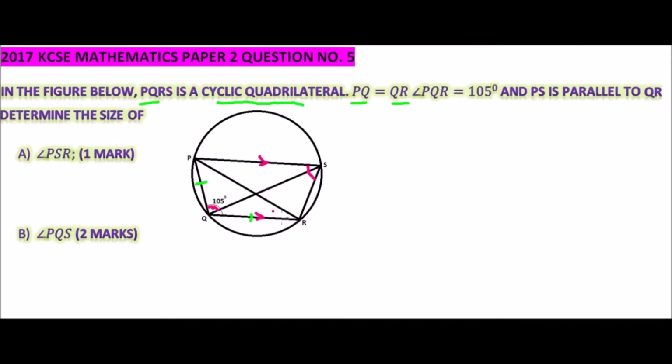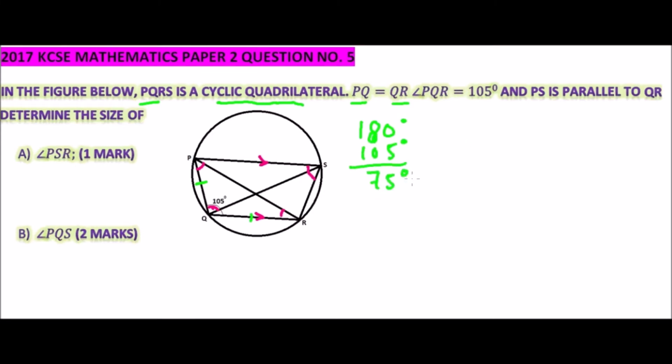For an isosceles triangle, the base angles are the same. So angle QPR and angle QRP are equal. Since we are given the upper angle as 105, we subtract it from 180 degrees, so you have 75 degrees.